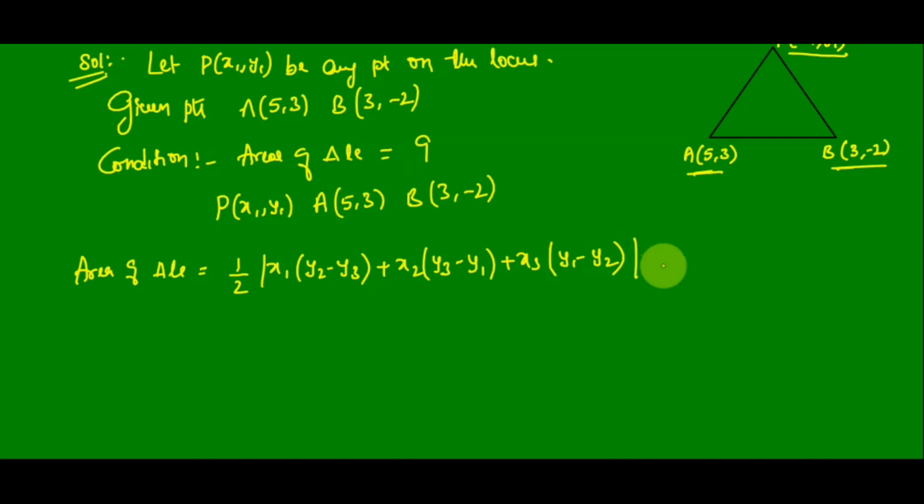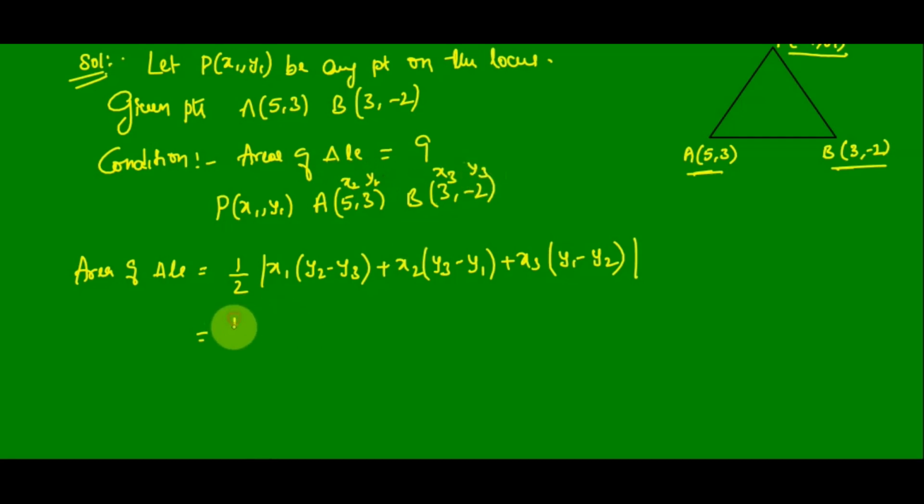Right? I think you all remember this formula, we already did it in class 10th, right? So we'll make use of this formula to find the equation of the locus. So I'm substituting the values here. (x1, y1) is given, this is (x2, y2) and this is (x3, y3), right?